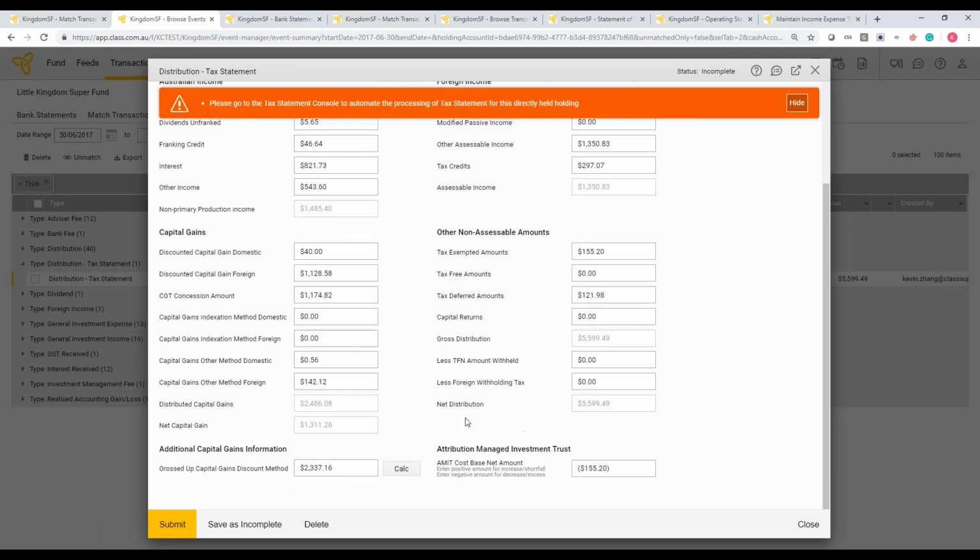Then the next part, straight after that, page 11, is to do with the non-assessable information. If we go to the summaries section, which is page 19, you've got your tax deferred, which is 121.98. The AMIT amount, I just sum up the 166.28 plus 0.23.